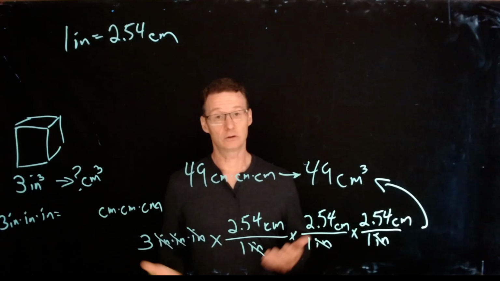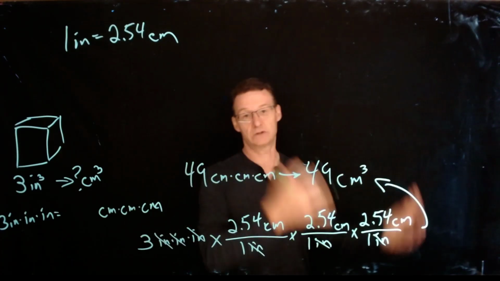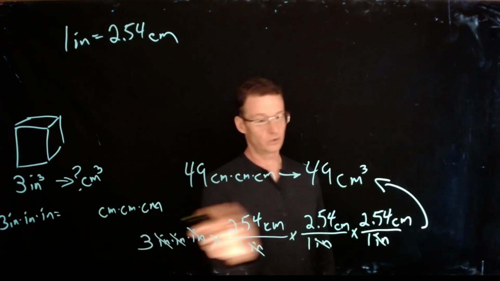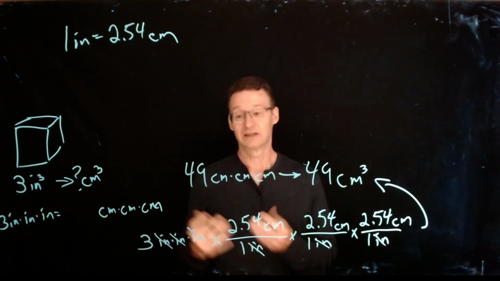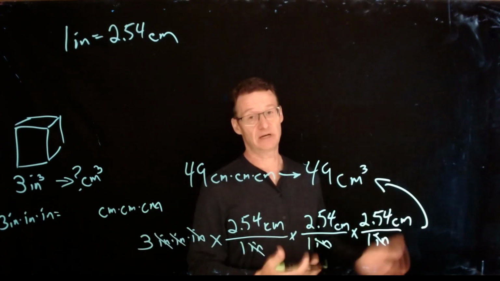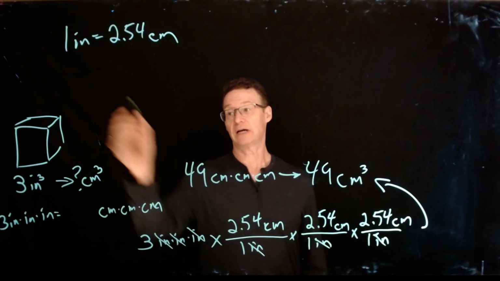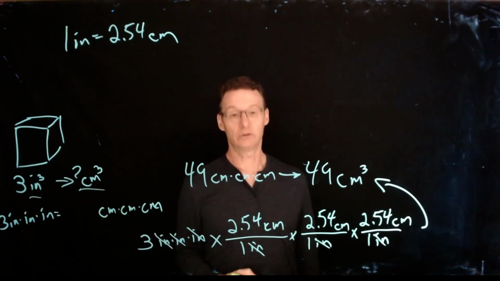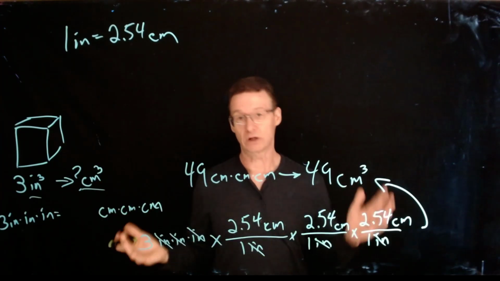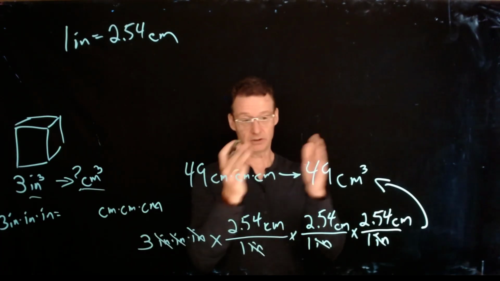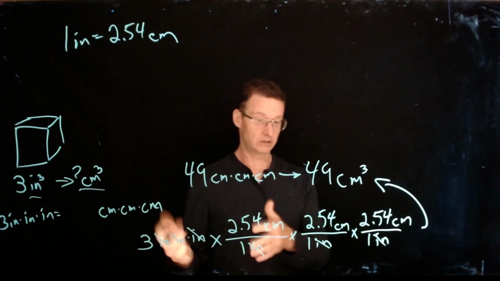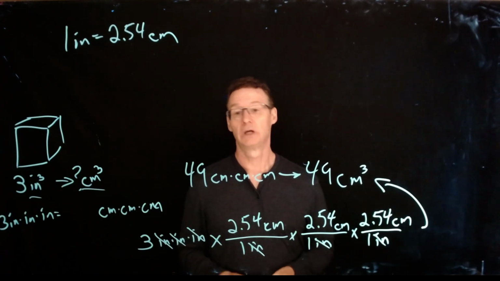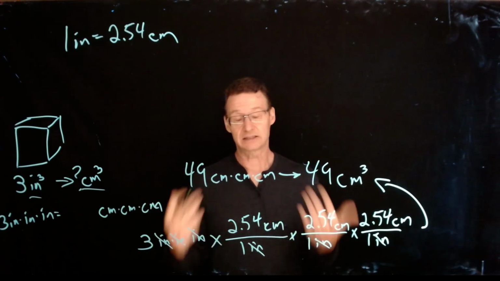Centimeters cubed is centimeters times centimeters times centimeters, so the math is the same. This is essentially a multi-step dimensional analysis problem. It's just that you have to remember these cubed units. If it was squared units, we would just do it one less time, because it would be centimeters times centimeters, or centimeters squared, inches times inches, or inches squared. So the math and the setup is all the same.